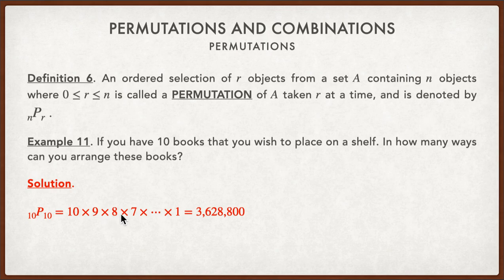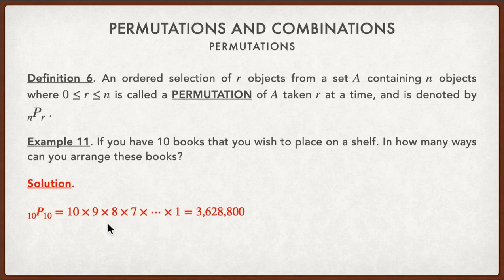We're making use of the multiplication principle here, by the way. We only have 8 here because the first 2 books are already placed, and then 7 because the first 3 books are already there, and so on, times 6 times 5 times 4 times 3 times 2 times 1, until there's only one space left on the shelf, for the one book which is left and not chosen from the first 9.